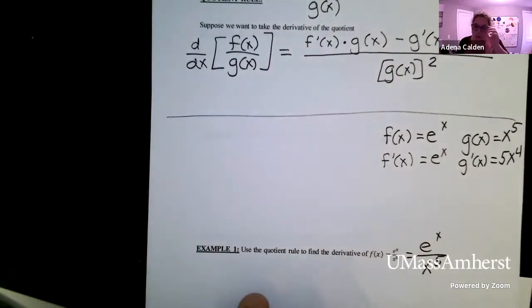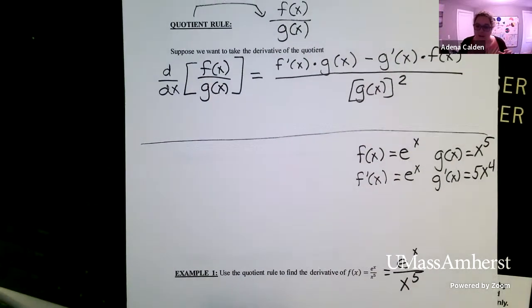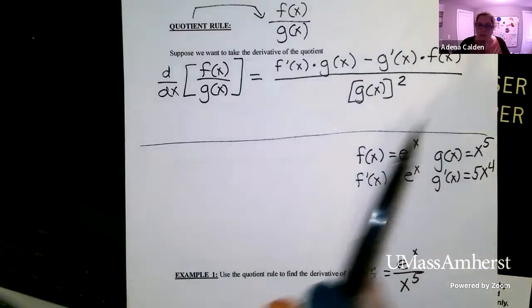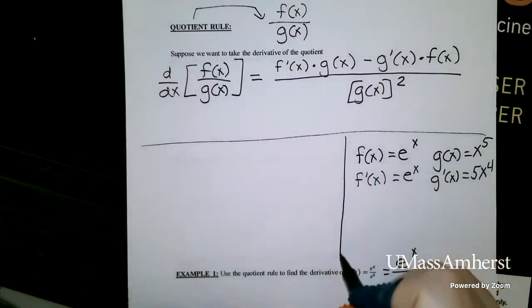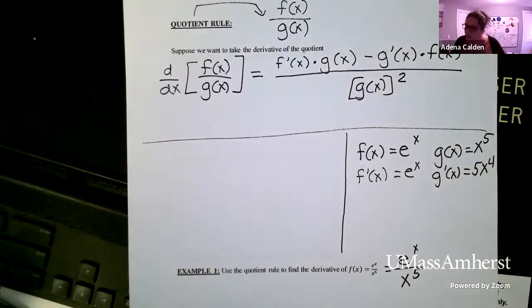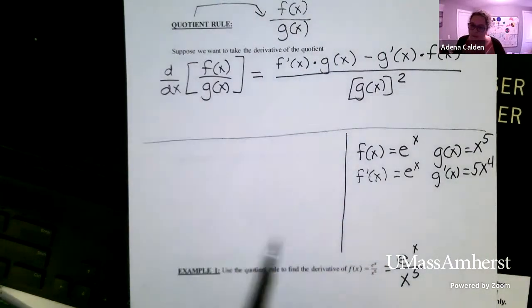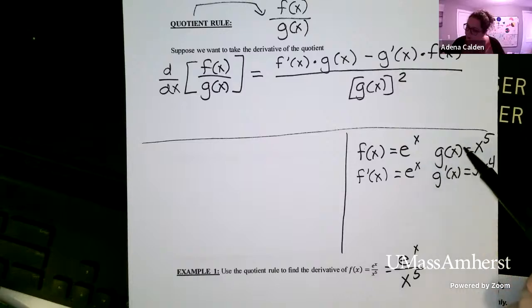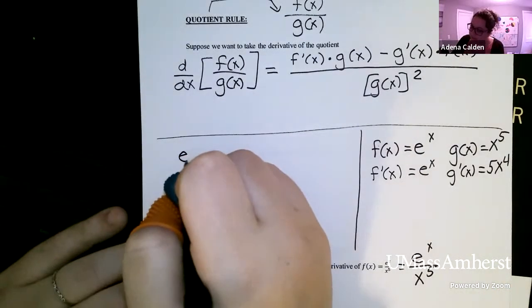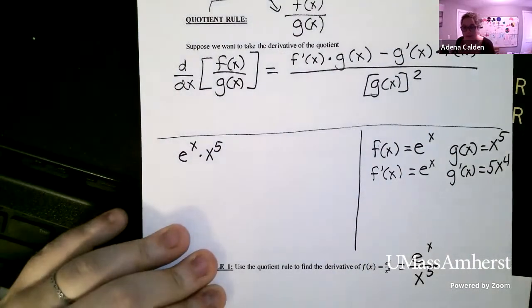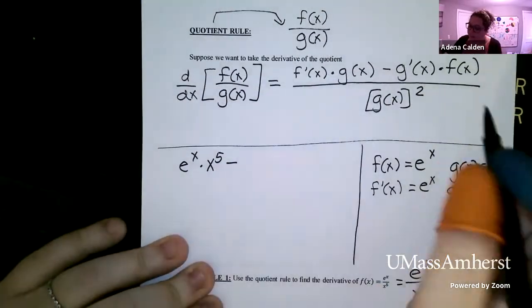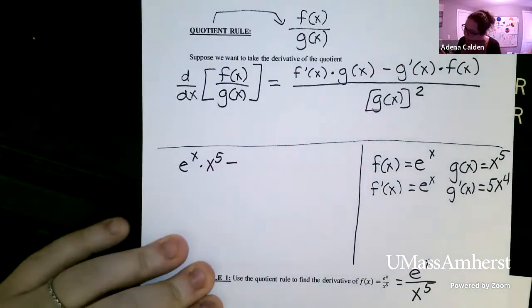Okay, so once I have all my pieces, now I'm going to go ahead and try to plug them into this rule. Okay, so let's see if we can carefully do that. So I have f prime times g. So f prime times g is e to the x times x to the fifth minus now g prime times f.